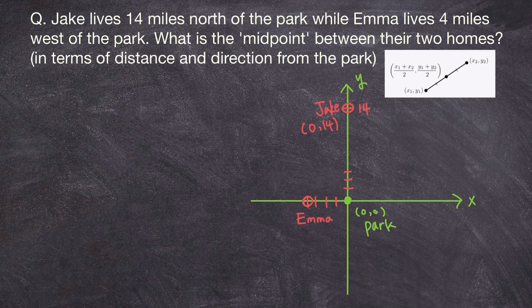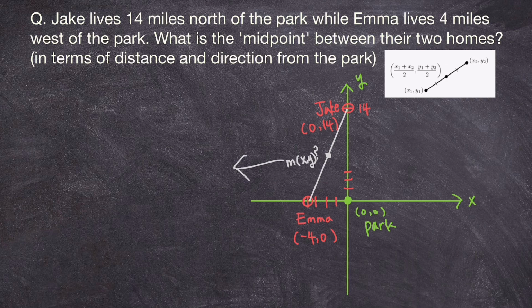That's Emma's house, and Emma's coordinate will be -4, 0. Now, we are trying to get a midpoint between those two houses. So it's somewhere around here. And we do not know the x and y coordinate for that midpoint. So we are going to calculate one.